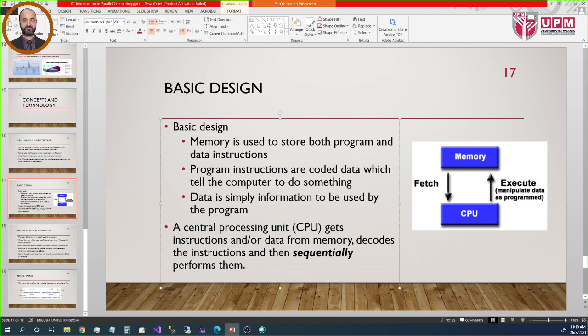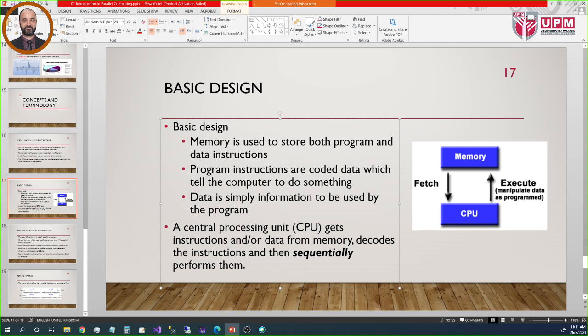Okay, so here later we come to the data, which is the second part of this design. So the data is simply information to be used by the program. So it's necessary information that's needed by the program to complete that job. So again, into the memory, we have two things.